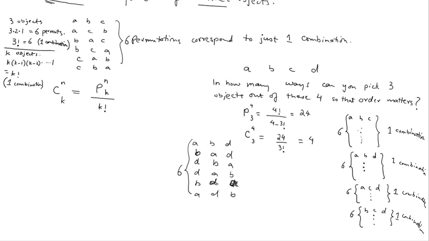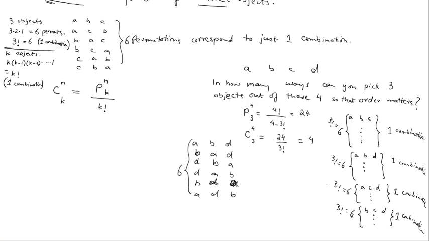Okay, so we had 24 different orderings, 24 different arrangements of these three letters. And every group of 3 factorial orderings was counted as one combination.